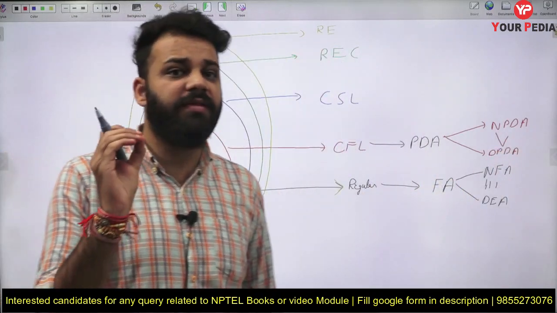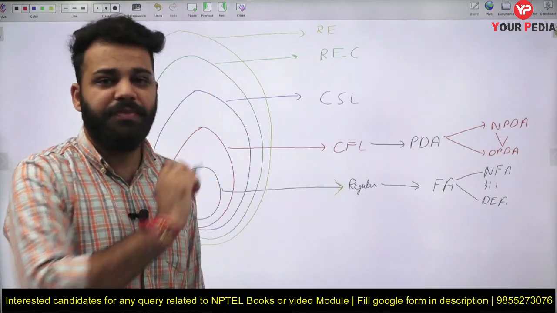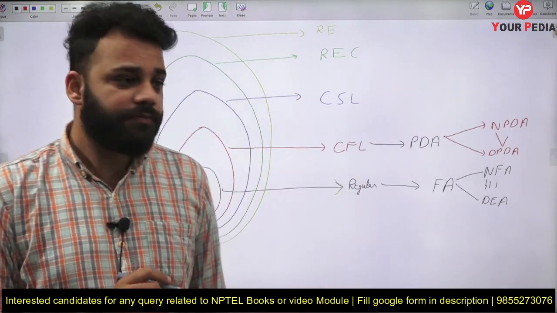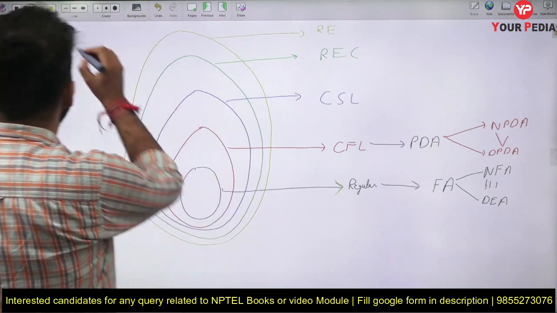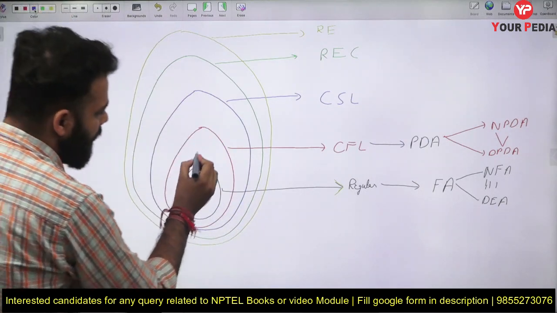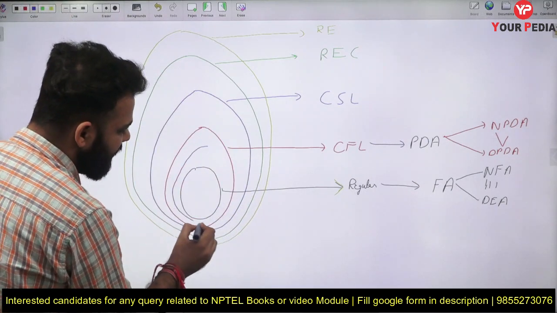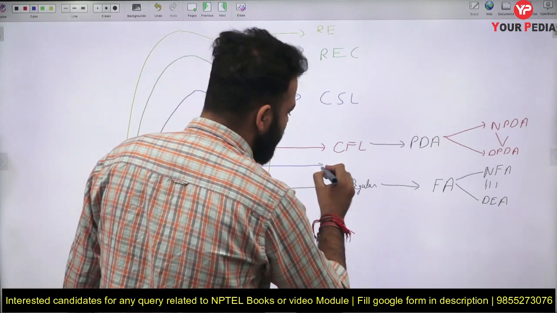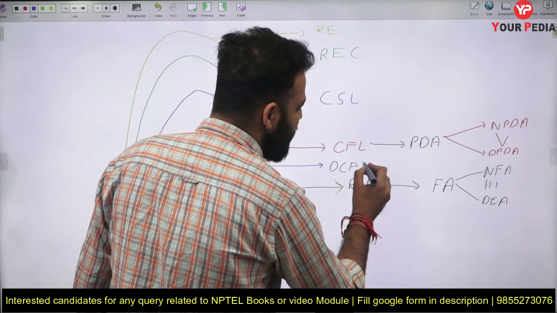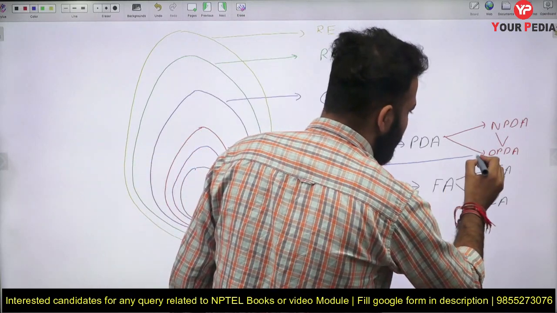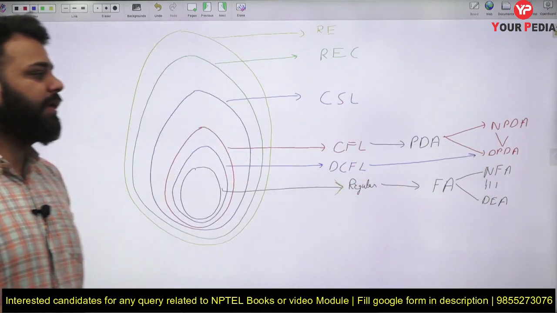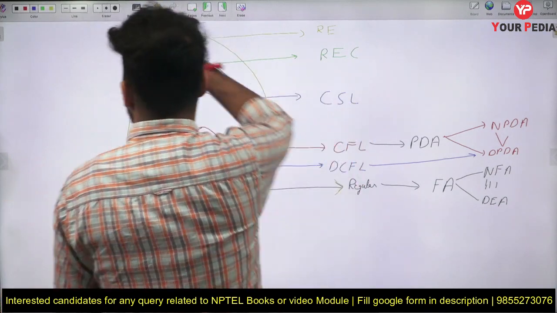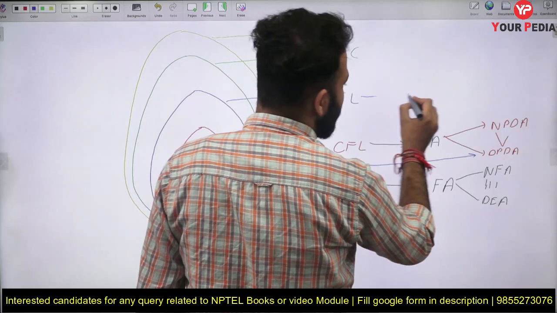So there must be some languages which will be accepted by NPDA but will not be accepted by DPDA. Now these languages are a bigger set than regular languages but smaller than CFL, and these are called deterministic context-free languages, and they will be accepted by DPDA. Now for CSL we use linear bound automata.